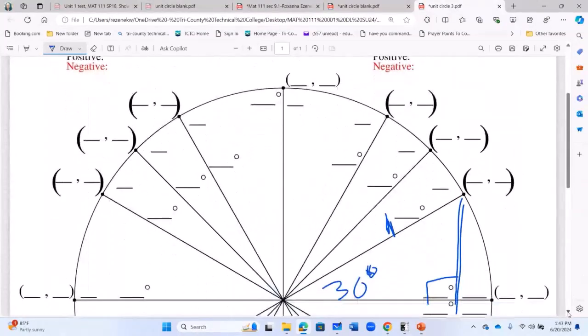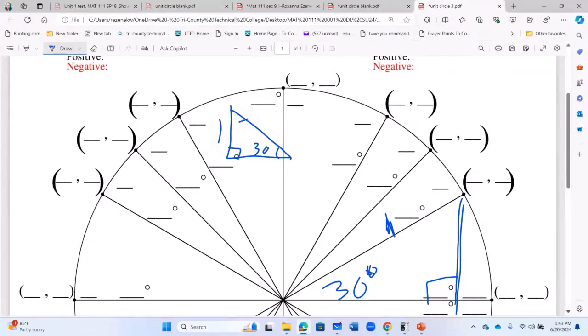So we already know our special right triangles. Let me draw it again. 30, 60, 90. So we apply this 30, 60, 90, especially whenever it is a unit circle. And so let this be my 30 degrees. Opposite to 30 is 1.